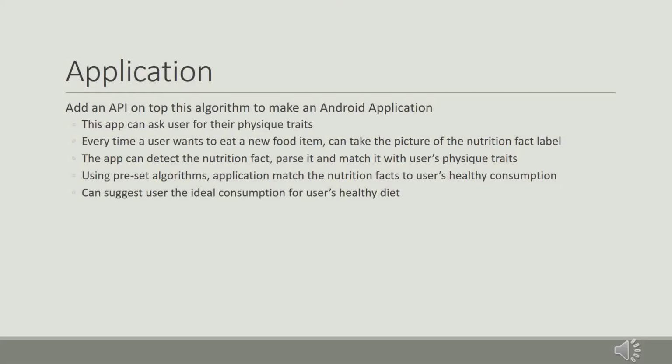This way, every time a person wants to consume a new item, he can use this application, take a photograph of the nutrition fact, and know what is a good level of consumption of this particular food item for him.